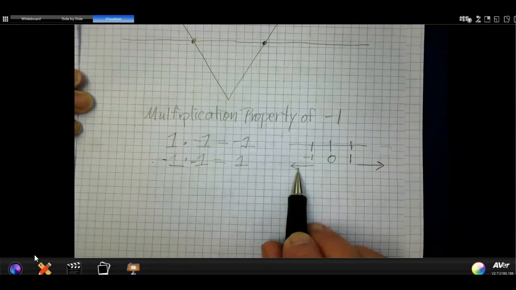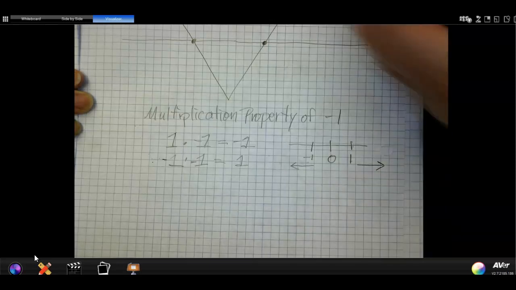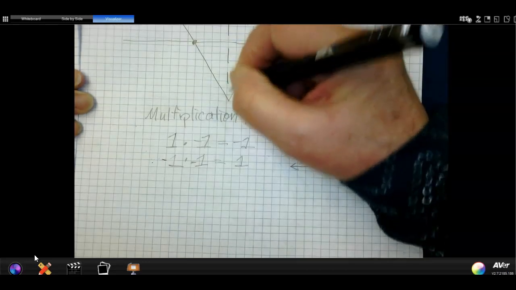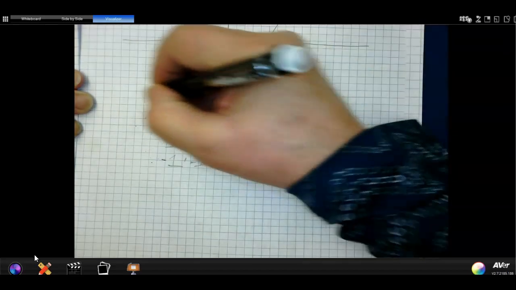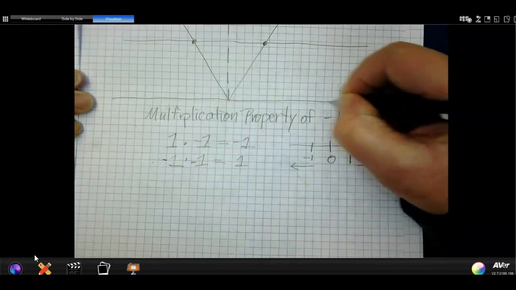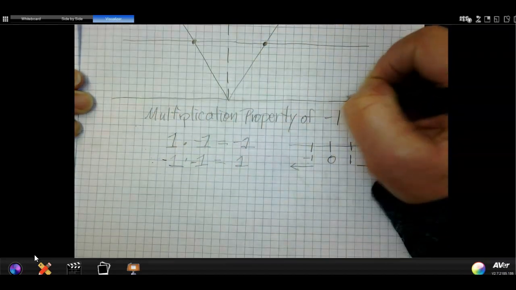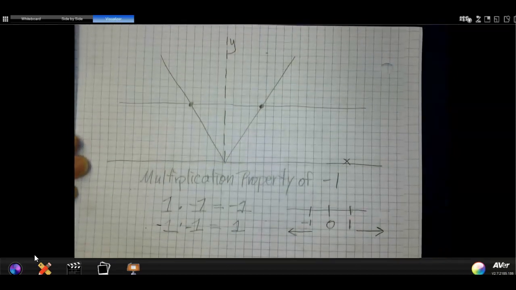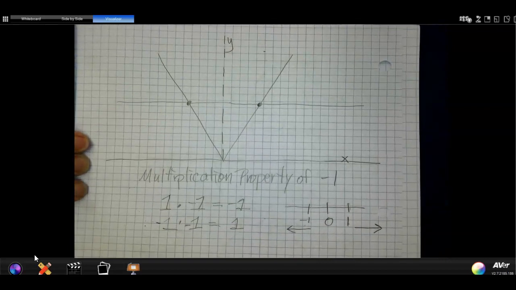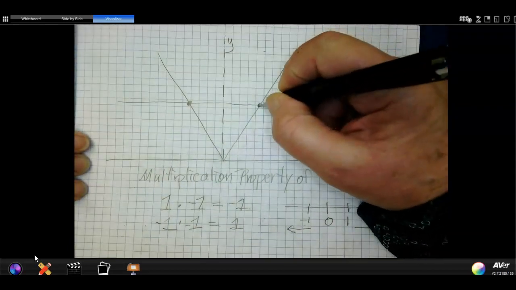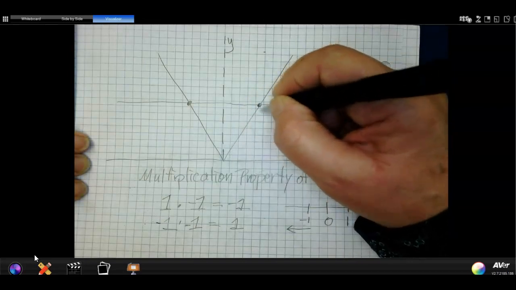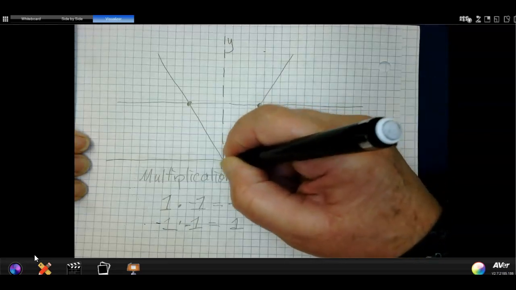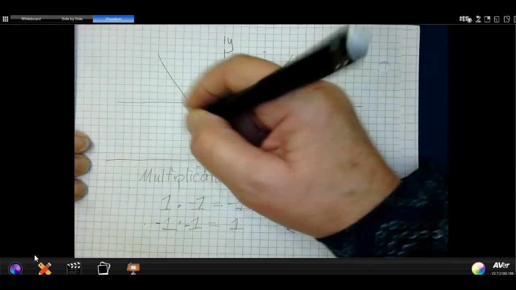So let's take a look at our parent function of this graph. Let's pretend that this is the x-axis and this is the y-axis. Okay? Here's our x and y axis. This is x equals 2, and x equals 1, and x equals 0, and here's negative 1, and here's negative 2.